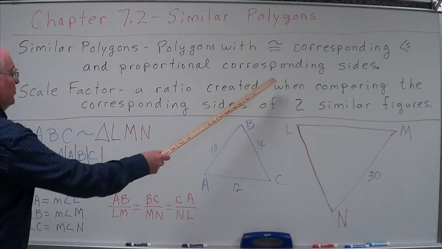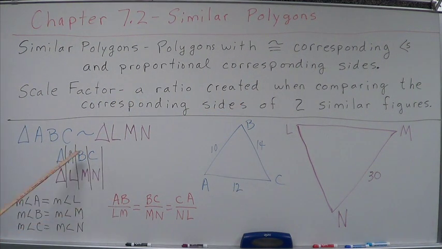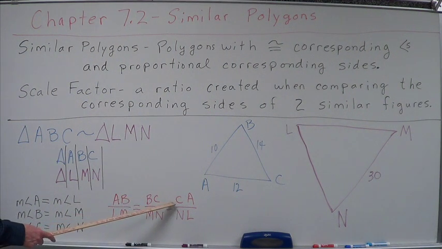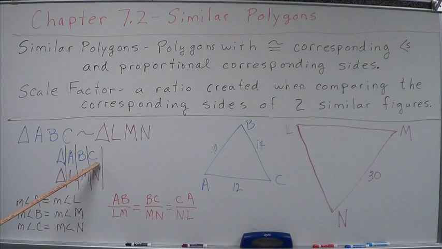Now let's look at the proportional part. That means that segment AB is to segment LM as BC is to MN. They have the same proportion, the same ratio with each other. And each of those have the same ratio as CA to NL.